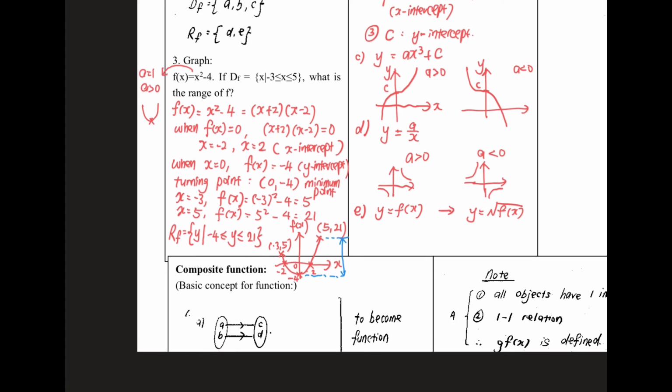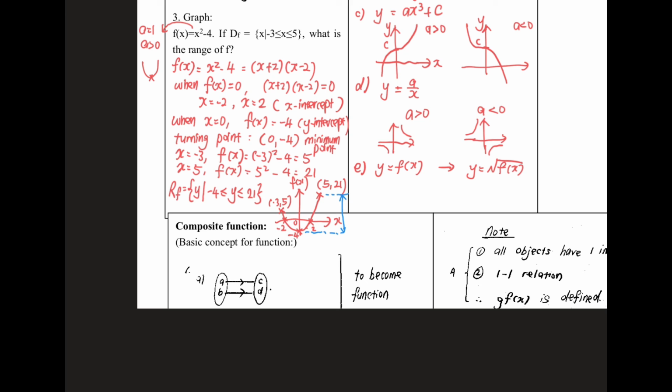Now let's see. I give you first example. If your y equal to f(x) is a straight line graph like this, where the x-intercept is b, the y-intercept is a, then how to get the square root graph? Remember a few things here.